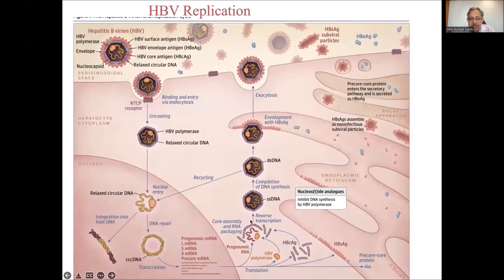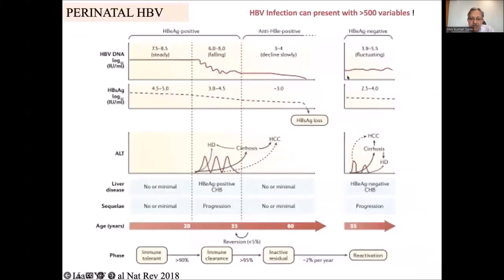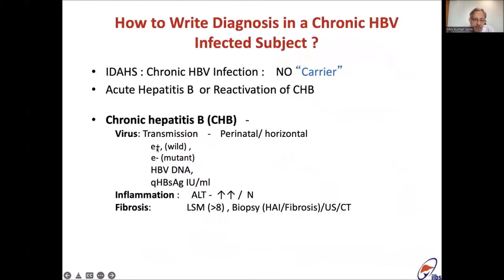This virus is replicating and it is being released as E antigen. So E antigen positive is a wild type replicative virus. E negative is a mutant virus. I don't have time, but remember E minus is a mutant virus.